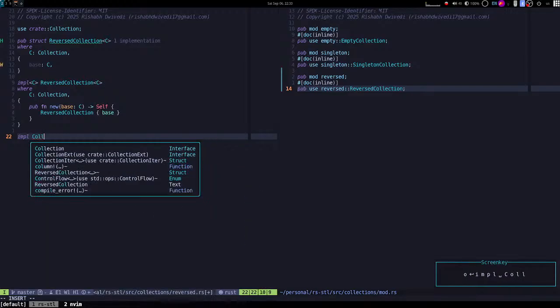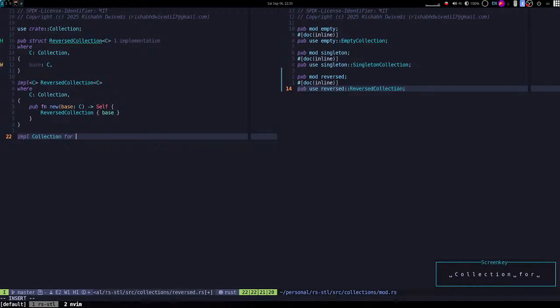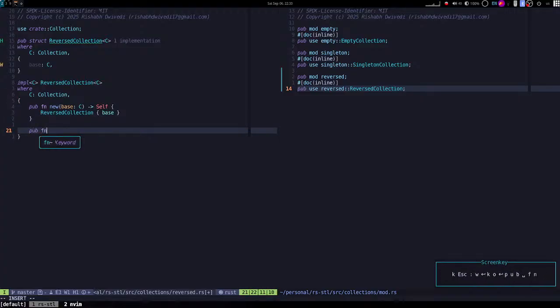Then impl Collection for it, and we do have one more method, that is reversed, and it would give me C, right?